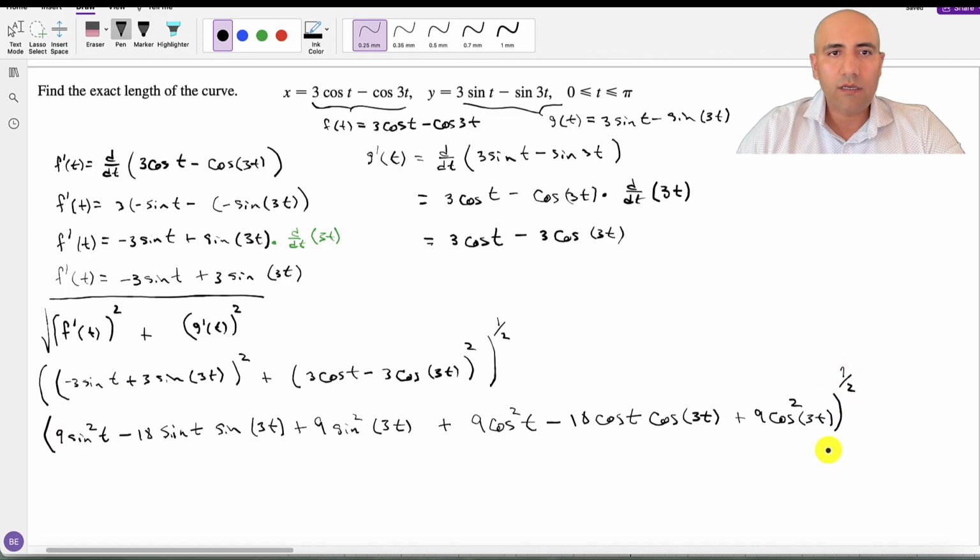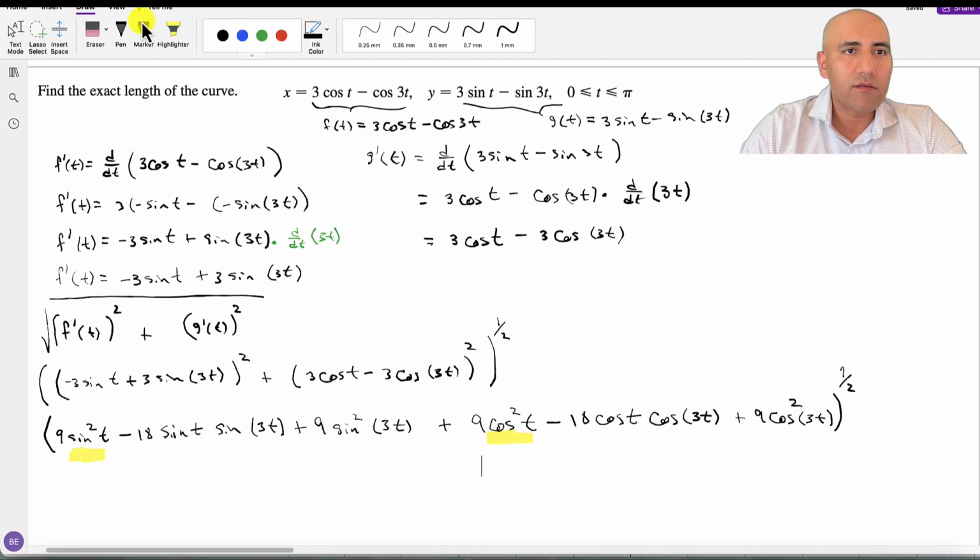All right, so let's combine some stuff. Let's bring the sine t squared and the cosine t squared, let's bring those two together out in front. Let's write that down as 9 sine squared t plus 9 cosine squared t.